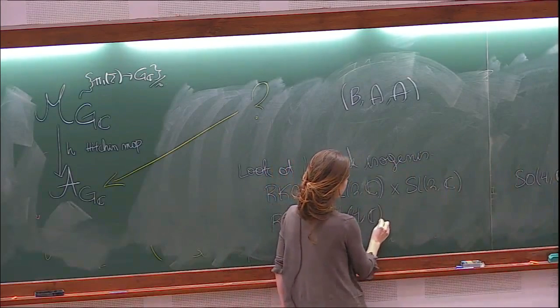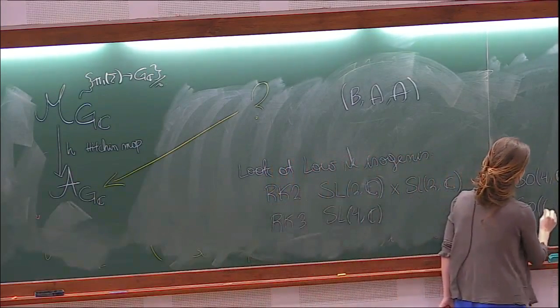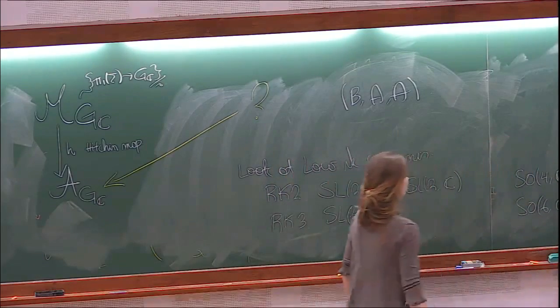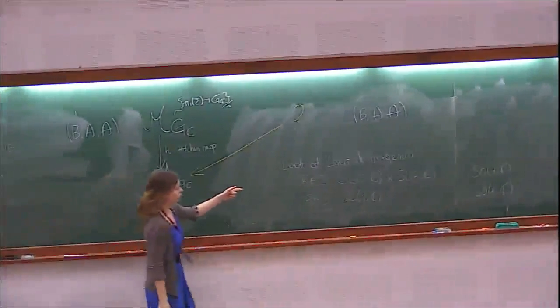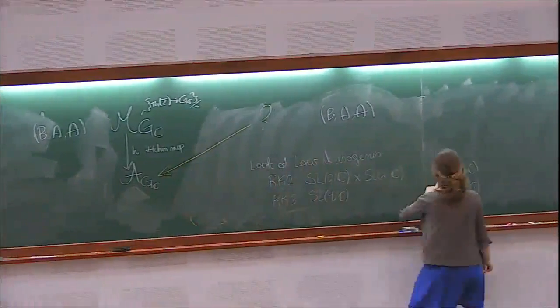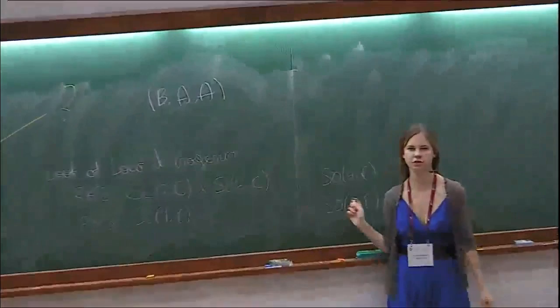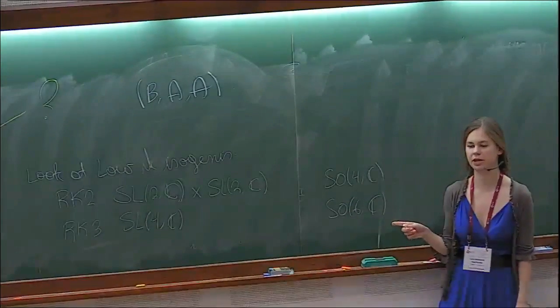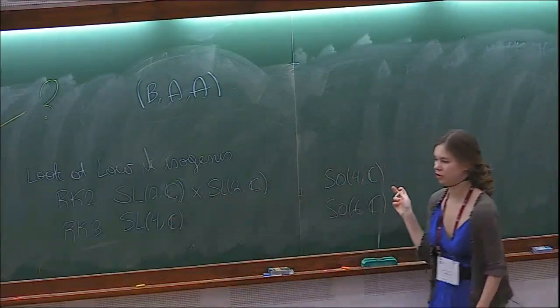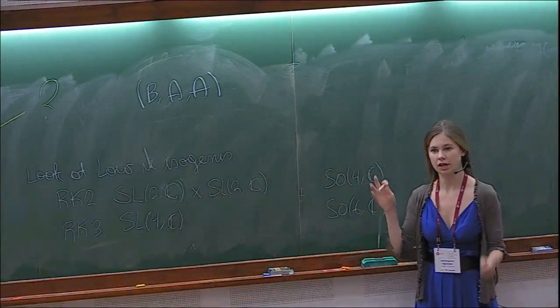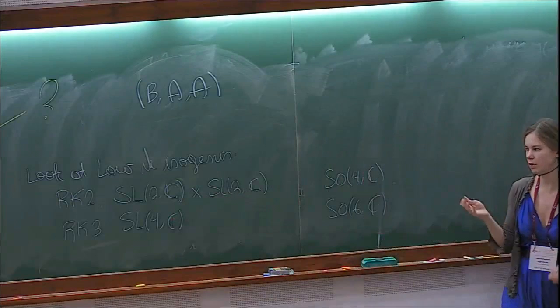And here we have SL4C and SO6C. What we did with Steve Bradlow last year is understand these correspondences between the groups in terms of the Hitchin fibration. If you look at the Hitchin fibration for these groups, they do fiber over the same Hitchin base. And since you have a correspondence between the fibrations, you can do the correspondence between each of the complex fibers. You can look at the split real forms.